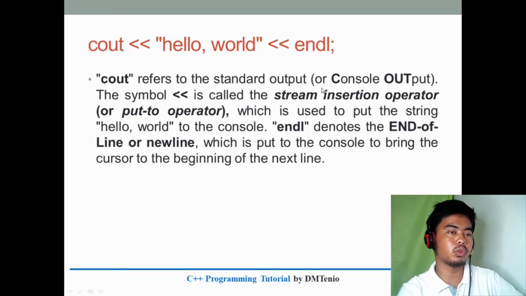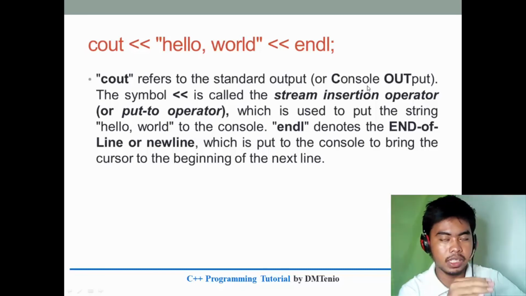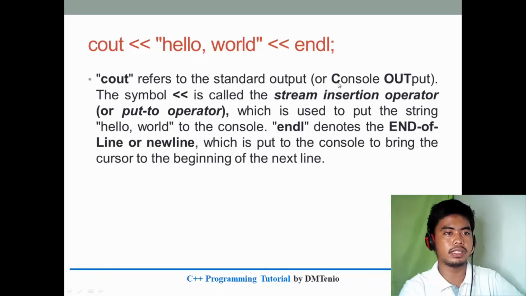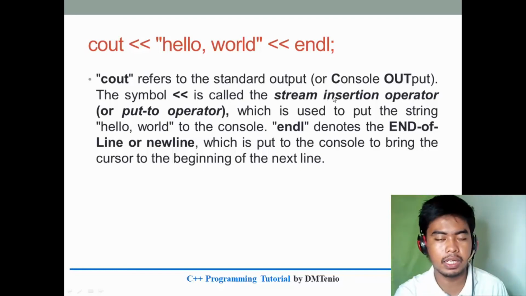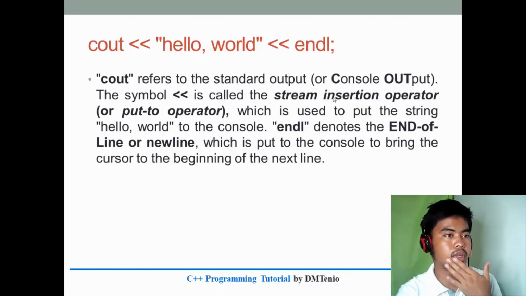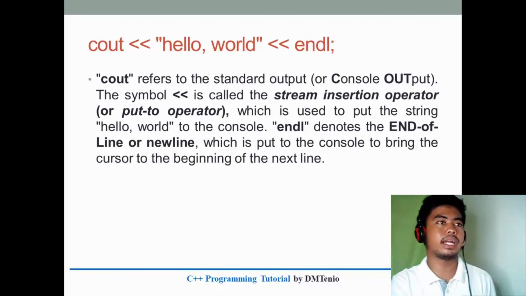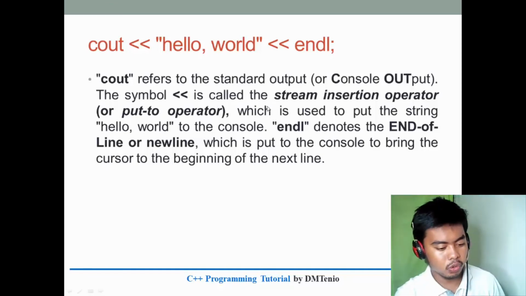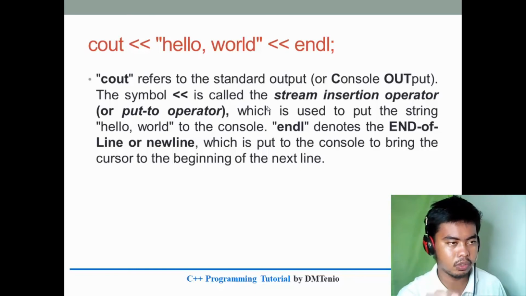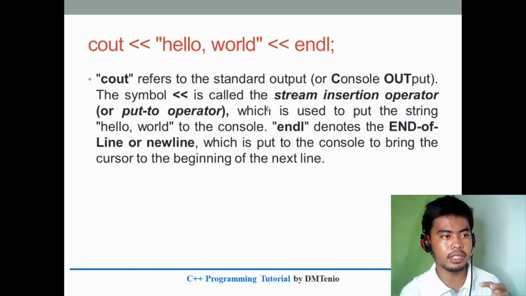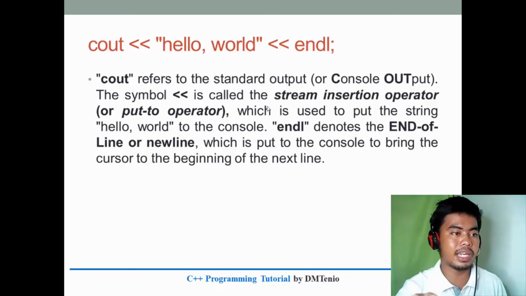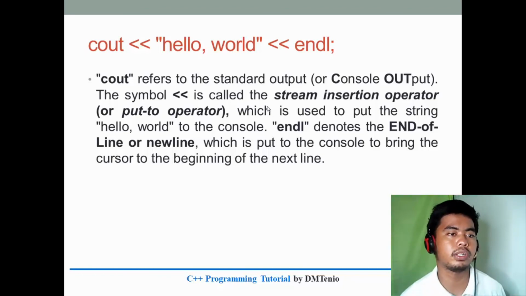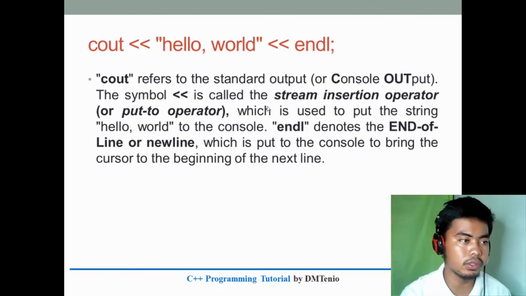So cout refers to the standard output or console output. That's why it's c, then out. Again, we need to use our iostream, input-output stream. That's why we need to write #include <iostream> again, guys. Then, the symbol insertion or less-than is called the stream insertion operator, or put-to. Again, the computer outputs text or data on screen, while cin eats the data typed by the user into the computer. It is used to put the string Hello World to the console.